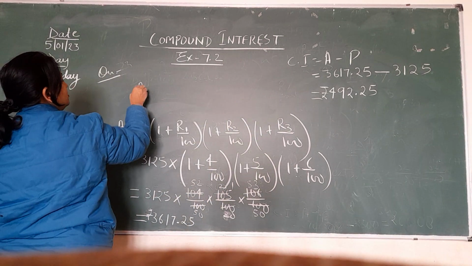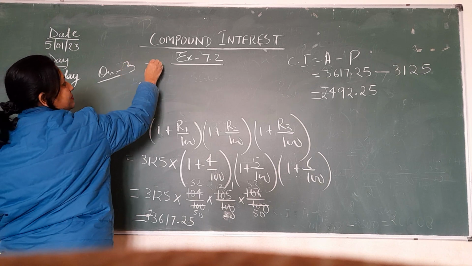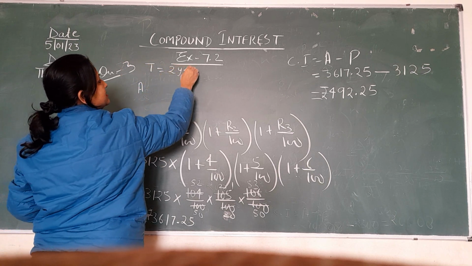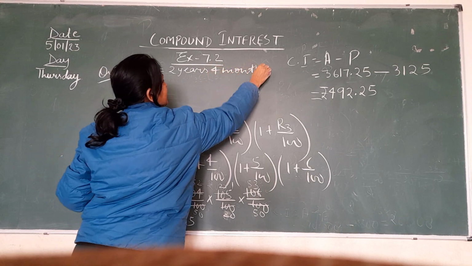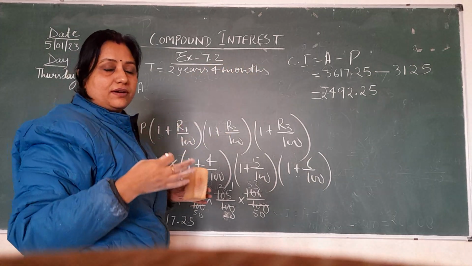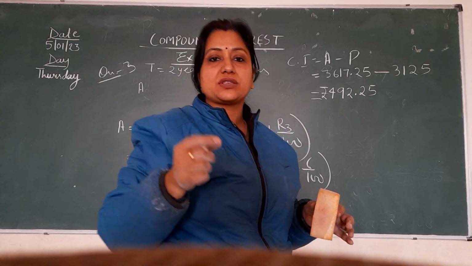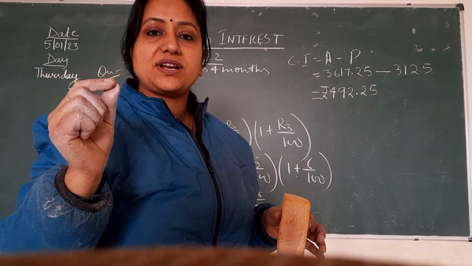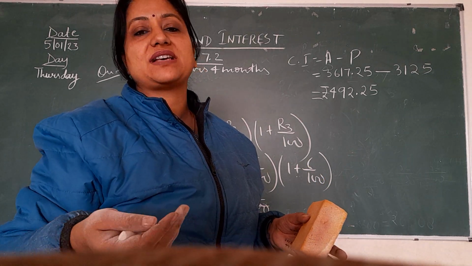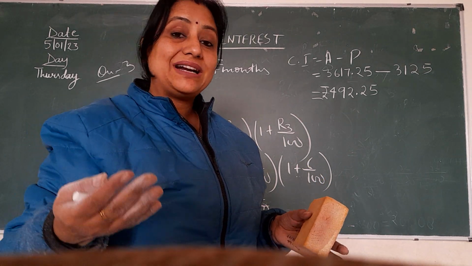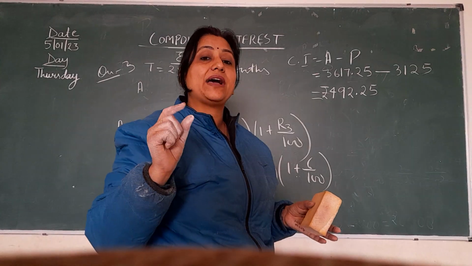If the time is like 2 years, 3 years, 4 years, you will use the same formula: A is equal to P into 1 plus R upon 100 raised to power n. But here the time period is 2 years 4 months.